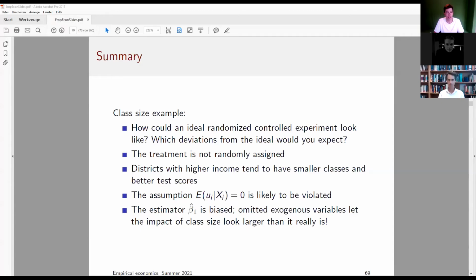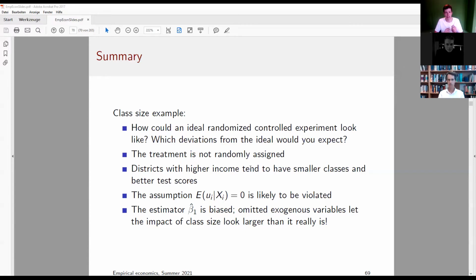There we go. We summed up last week with the fact that we still want to know what the relationship between class size and the learning outcome of students is.